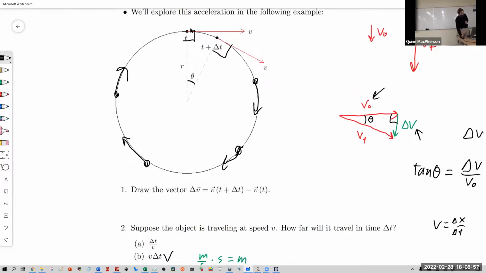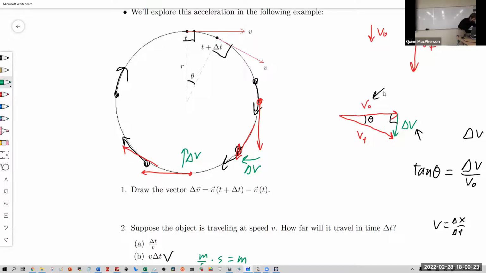So notice when we're at the top of the circle, the change in velocity is downward. So the acceleration was downward. Had we done this at the side of the circle, our initial velocity would be there, our final velocity would be there, and our change in velocity would be that way. If we were at the bottom, our initial velocity would be here, our final velocity would be there, our change in velocity would be this way.